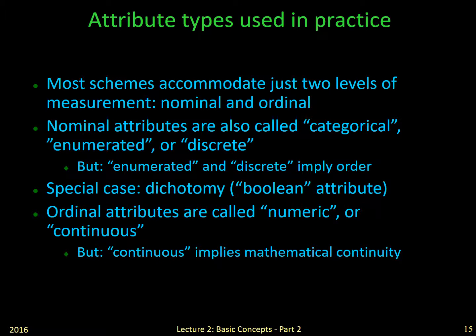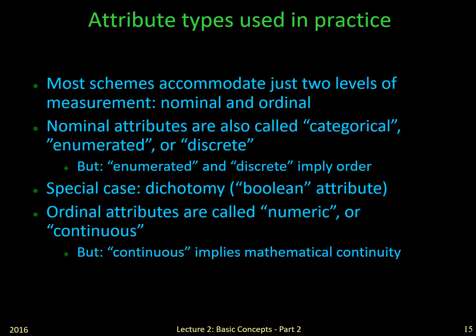In this slide, you have a short summary of different types of attributes. Just be very careful with the terminology, because each textbook uses slightly different terminology. And you see here that in the previous slides, the Weka book used the word ordinal for ordered measurements, while in this slide it says ordinal attributes are called numeric or continuous.